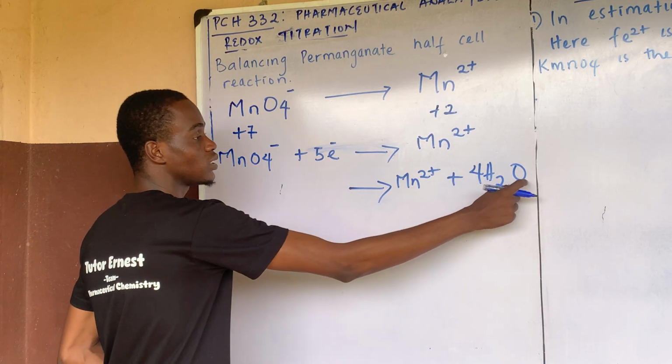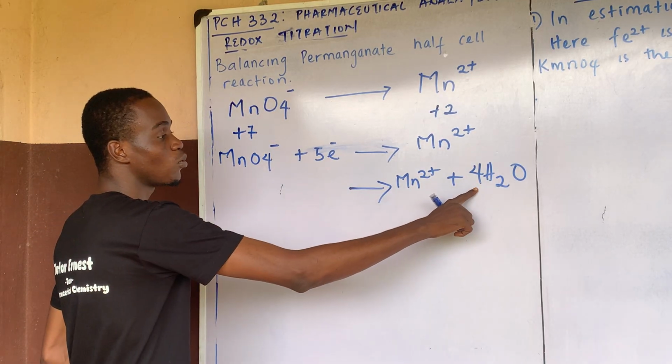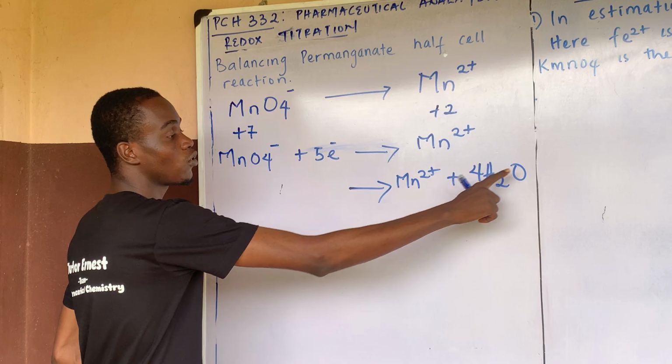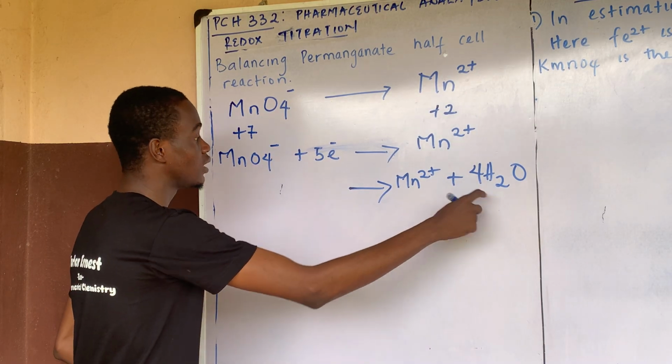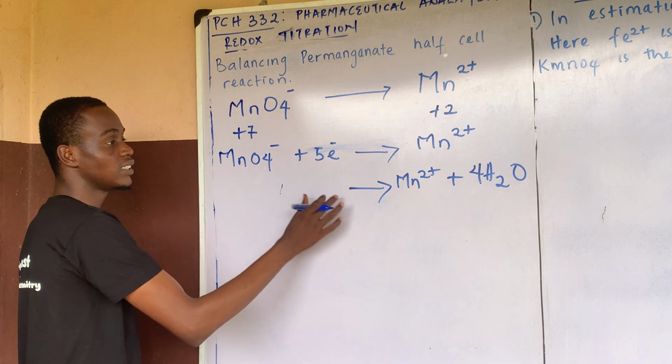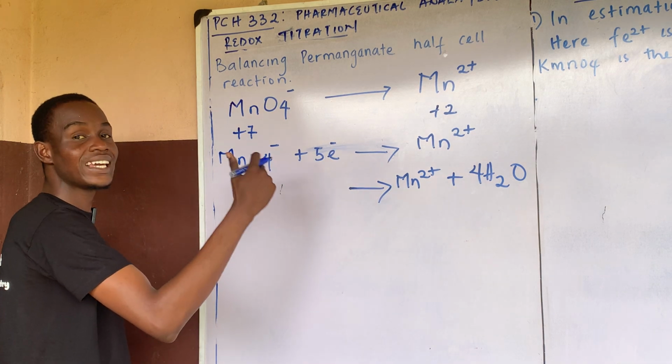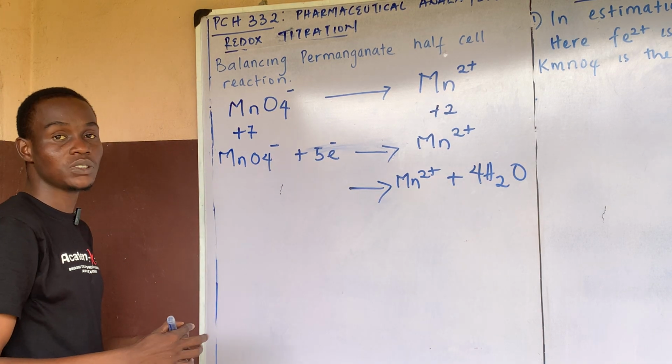So that's 4 oxygen. Now since there are 4 molecules of water, that's 4 oxygen and 8 hydrogen. There are 8 hydrogen here, and there's no hydrogen on the other side. It indicates that in the reactant part we have to put 8 hydrogen.